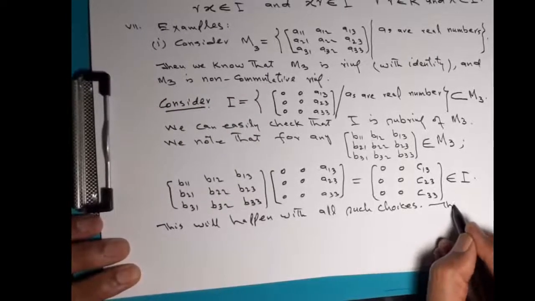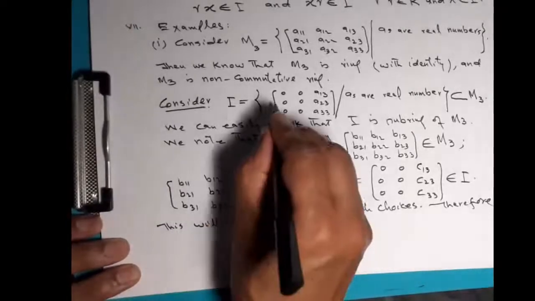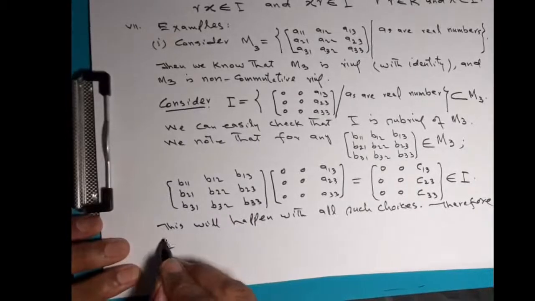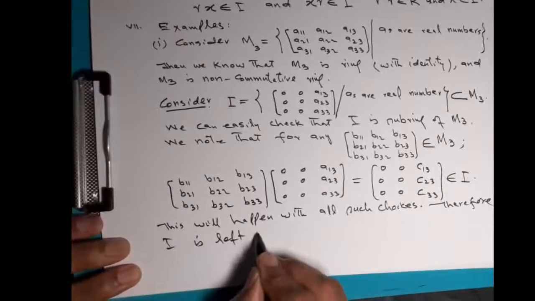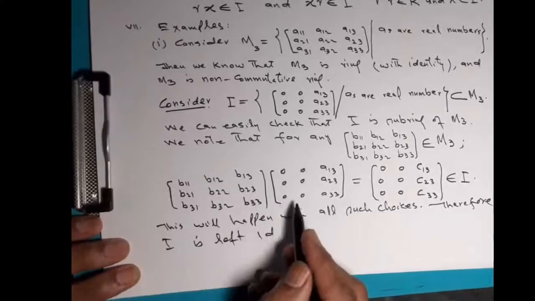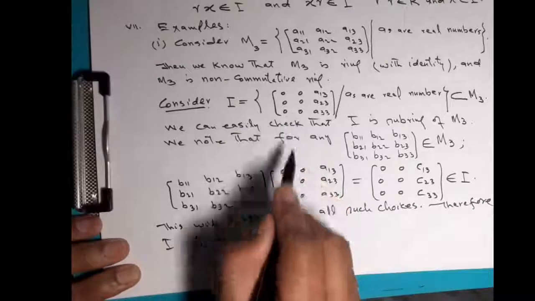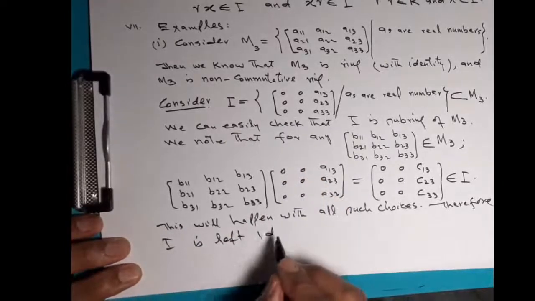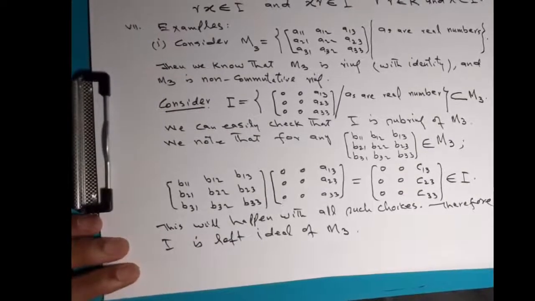Therefore this subring I is a left ideal, because we are multiplying an element of the ring from the left hand side with elements of the subring. It is a left ideal of M3.